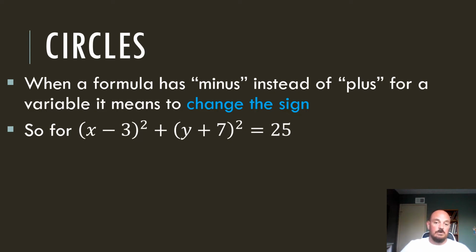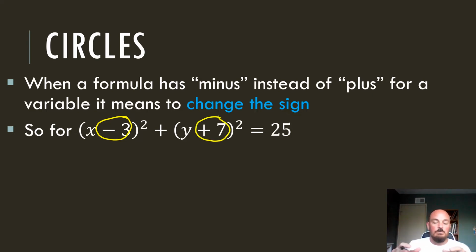So for example, let's say I told you our equation for a circle is x minus 3 squared plus y plus 7 squared equals 25. If I wanted to find the center of that circle, I'm going to look at these two numbers right here. I'm going to look at the minus 3 and the plus 7.